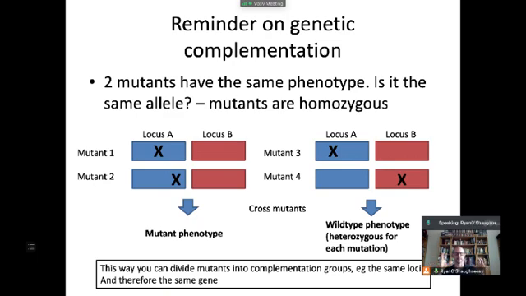So the idea is, if you have two mutant flies that have the same phenotype, it's possible that the mutation could be in the same gene, or it's entirely possible that the mutation could be in different genes, even though they have the same overall defect. So are the mutants in the same allele?